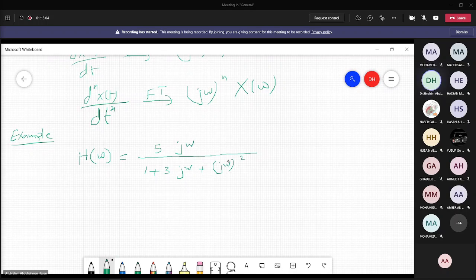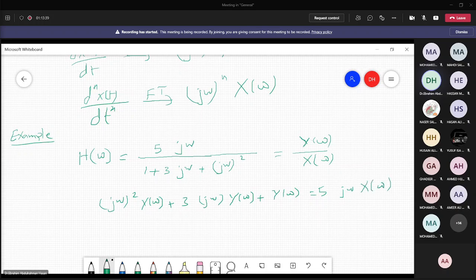We know that h of omega equals y of omega divided by x of omega. So if you cross-multiply, it becomes j omega squared y of omega plus 3 j omega y of omega plus y of omega equal to 5 j omega x of omega.